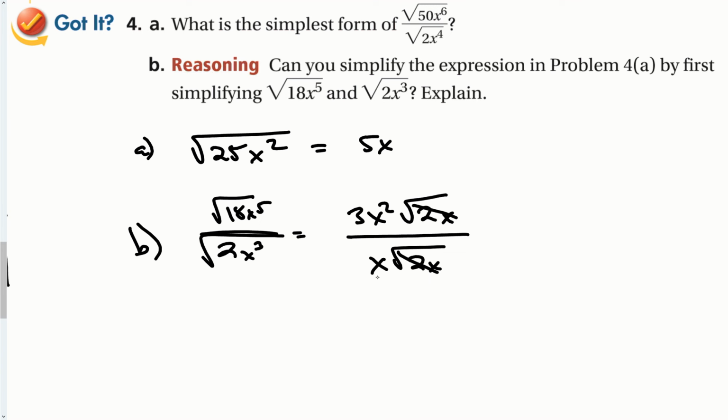One of these would cancel with one of these, and we'd have 3x. So the answer is you could, but it is much, much more difficult because now you have radicals canceling with radicals and things coming out and things staying behind in each one. Best to put them together first and make the question easier.